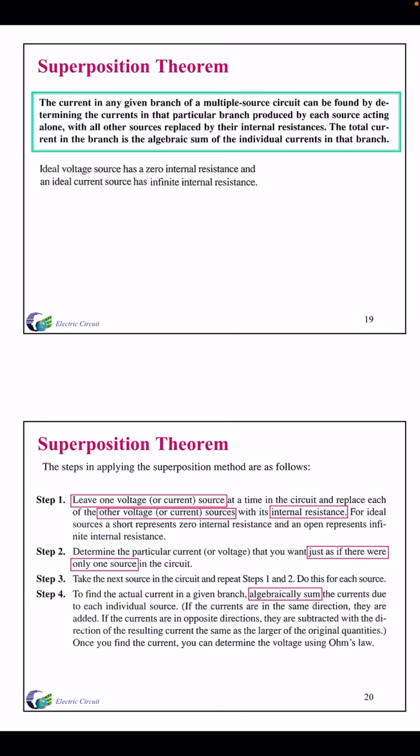So we will directly get the algebraic sum of currents and voltage drops over all the resistors. So this is the actual value of the current and voltage drops. Algebraic sum is important here, so we have to see it and do it carefully.